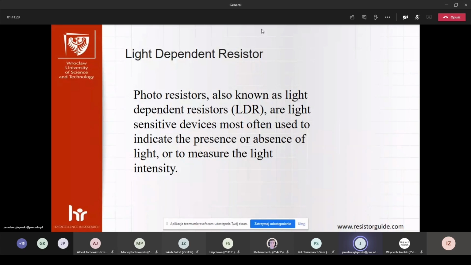So we've got some elements that sense the light, sense the photons, sense this energy, and the simplest one is the photoresistor, known as a light dependent resistor. As the name says, it is an element that changes its resistivity due to the light intensity.